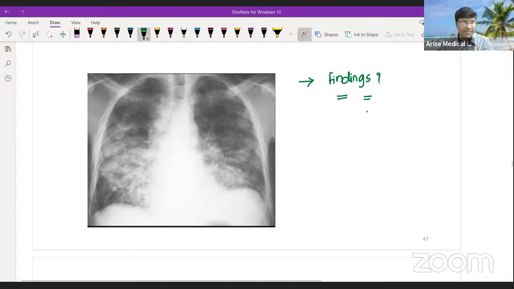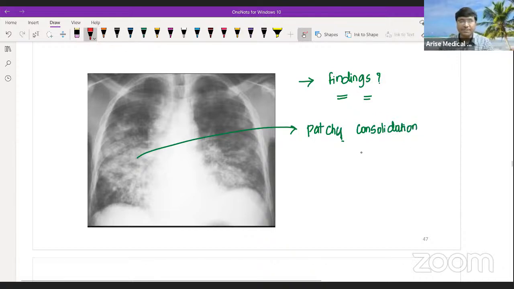Very good, Asma. So it is the presence of patchy consolidation.